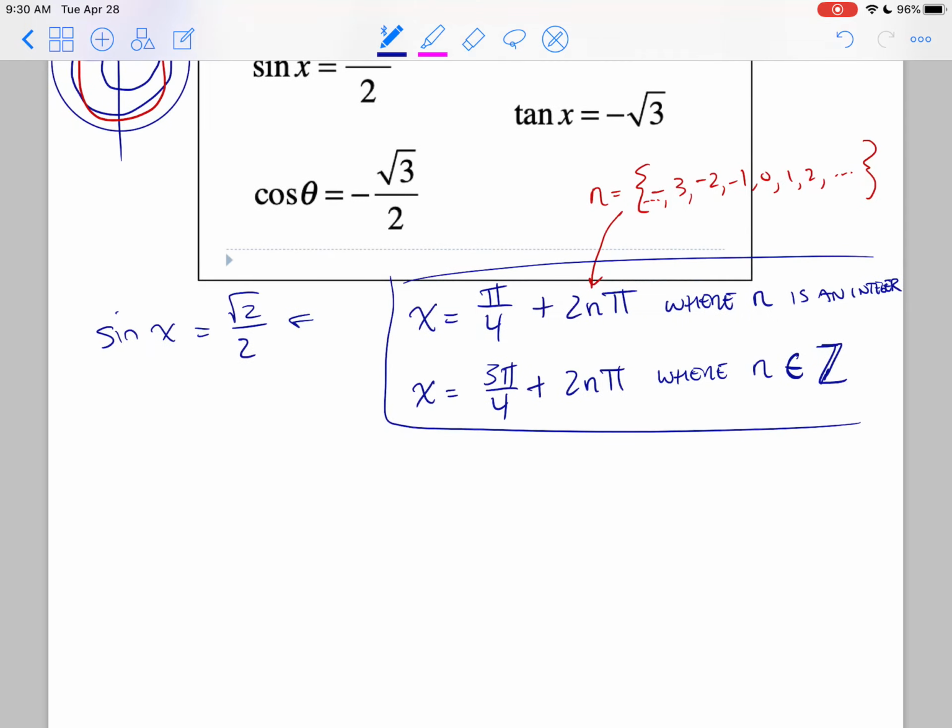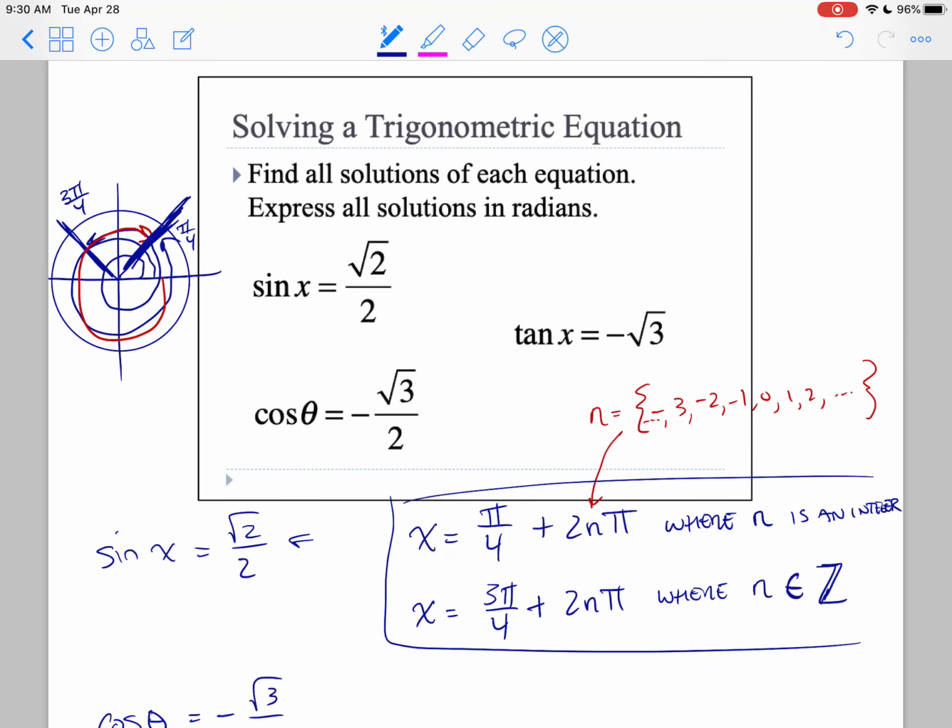So let's do this again for cosine. Cosine again has a period of 2 pi, so that's where this 2 pi comes from in the addition part of my solution. But where does cosine equal negative root 3 over 2? Well, thinking about our unit circle again, let me draw a new one. Ooh, that was bad.